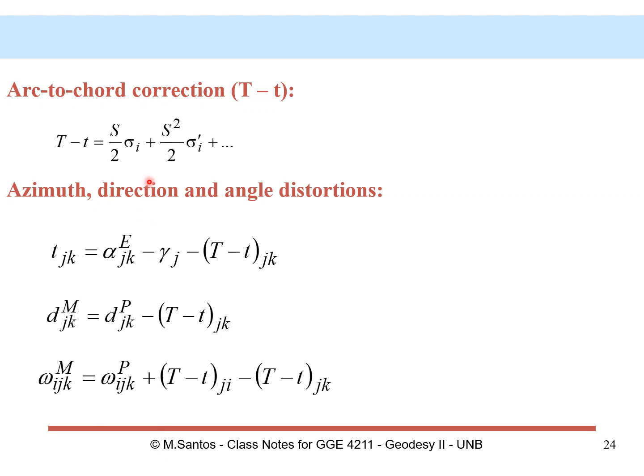The arc-to-chord correction has this general expression. It's going to be derived for each one of the conformal projections based on the curvature of the projected geodesic. So the azimuth, direction and angle corrections we have seen already.